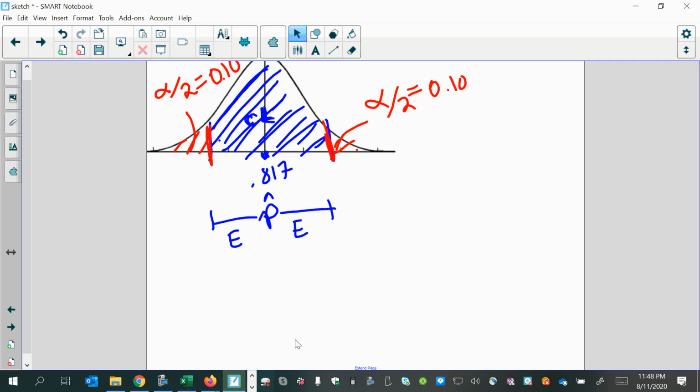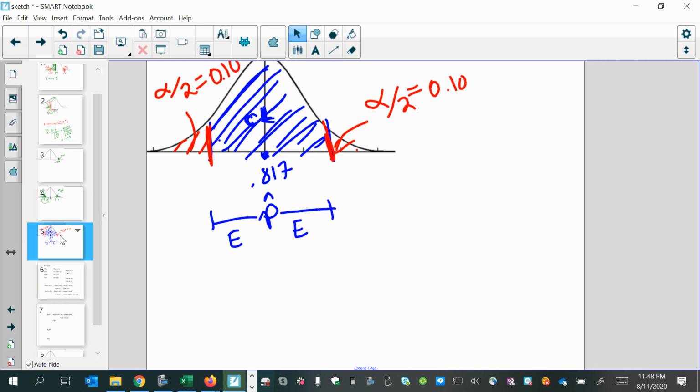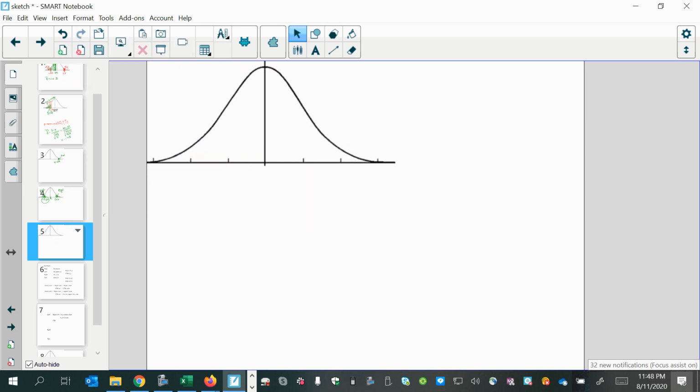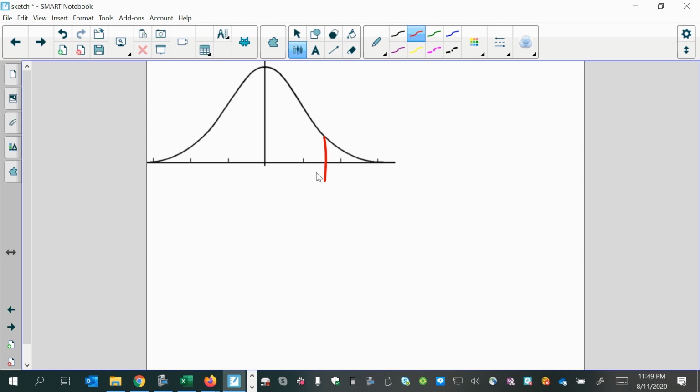So what I mean to say is, let's make a new sketch here. My hypothesis test had a right tail only, and that critical value is got to be the same critical value we use for our confidence interval. And since confidence intervals are two-tailed, we're going to have a twin over here with a second area.